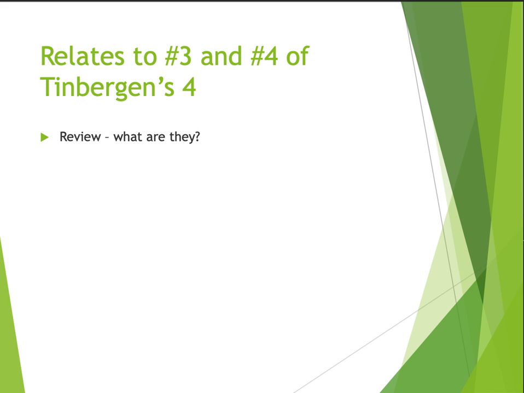I wanted to start out by pointing out, I said Tinbergen's 4, it's going to keep coming up. Well, not quite every time, but quite a bit. Our topic of evolution relates to Tinbergen's third and fourth questions. Let's review them. Tinbergen's question number 3, survival value, also known as function. When we ask what's the function of a behavior, we're often asking, why did it evolve?